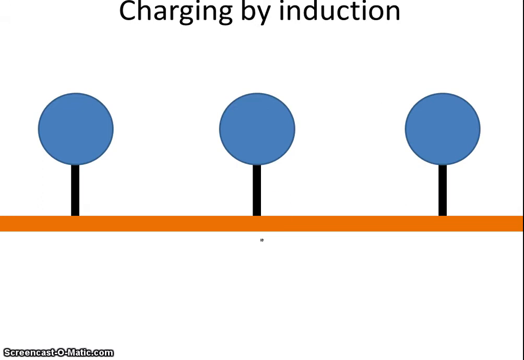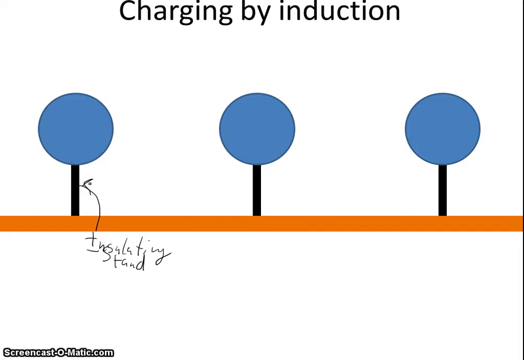Another way, other than rubbing something and moving electrons physically off it, is called charging by induction. And charging by induction sounds kind of complicated, but it's actually quite simple. So if I have, for example, a sphere here, sitting on the ground on top of an insulating stand, meaning that electrons can't pass from this sphere into the ground directly through this stand.